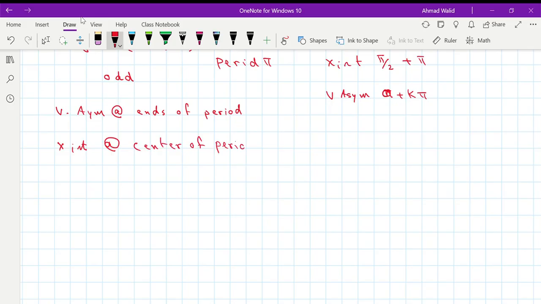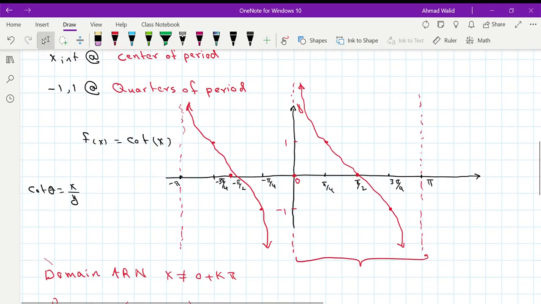The only thing that's changing, you have 1 this time and negative 1 at quarters. For tangent, it was negative 1 and 1. For cotangent, 1 and negative 1. Correct? This is all about graph of tangent and cotangent.